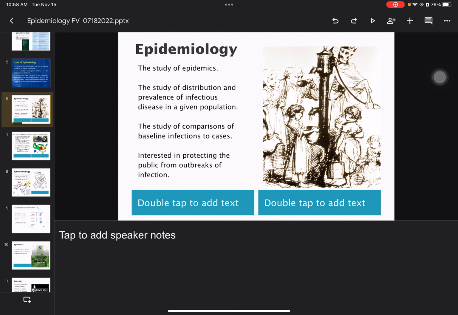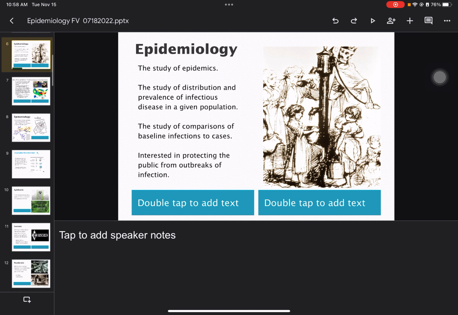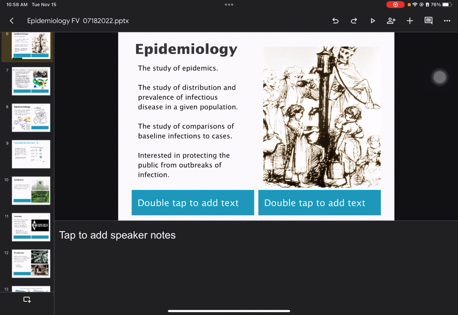So this is at the Broad Street Water Pump in London, where they were having a big outbreak of cholera. And what happened is a physician, Dr. Snow, took a map of the greater London area and put a dot where all the cases of cholera were, and he asked, what do all these have in common? Because that's what epidemiologists do.